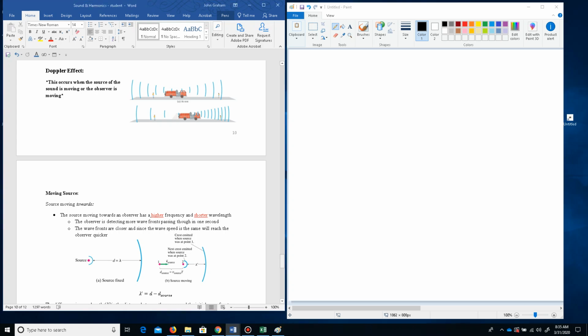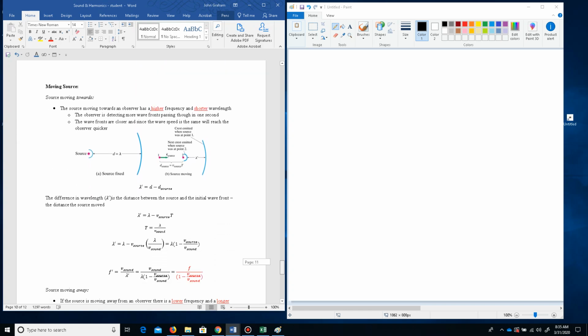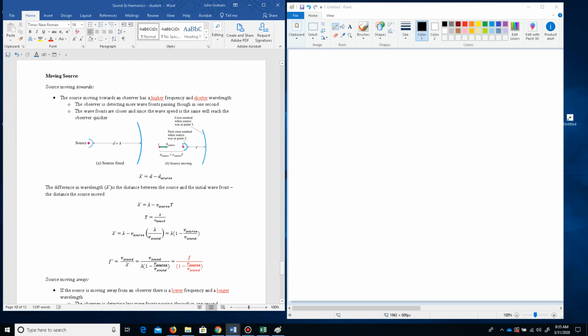And so we're going to look at the moving source first, just like that fire truck. Here's the source, and in part A this source is fixed, so this distance is some wavelength that we'll call lambda.